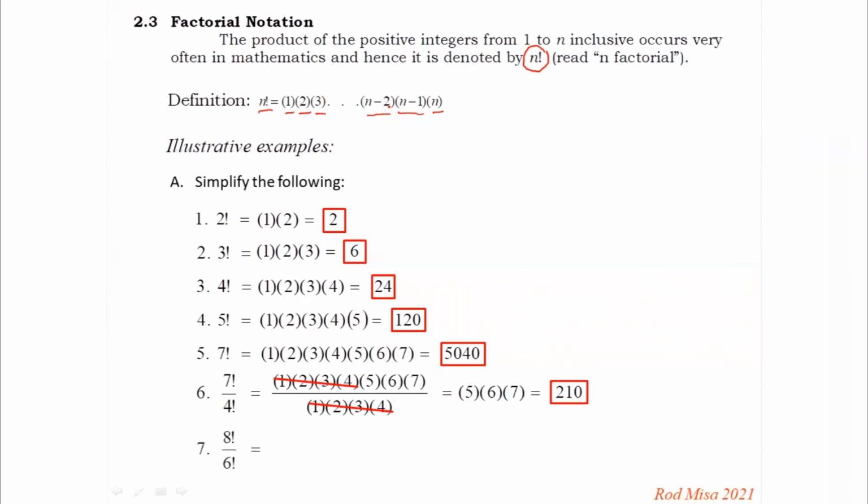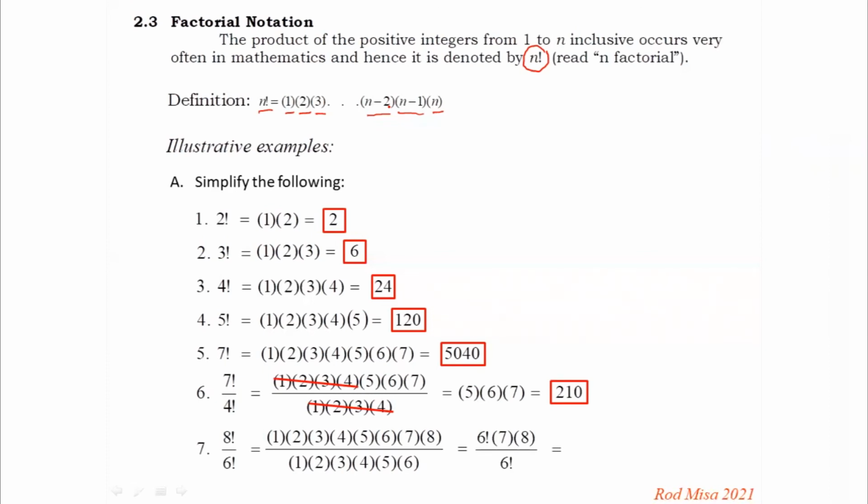Now, what is 8 factorial divided by 6 factorial? 8 factorial is a product from 1 to 8, and 6 factorial also is a product of the integers from 1 to 6. But 8 factorial is equal to 6 factorial times 7 times 8, and the denominator, which is the product of the integers from 1 to 6, can be written also as 6 factorial.